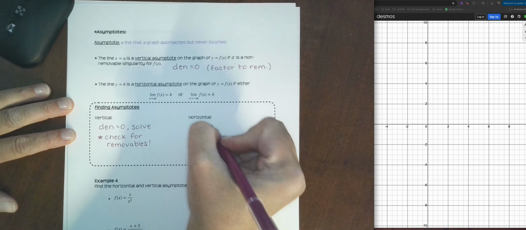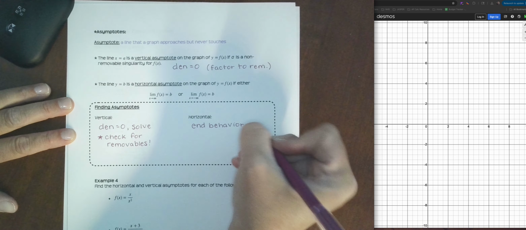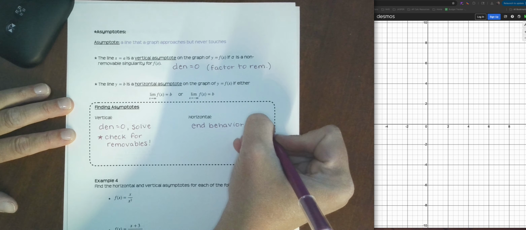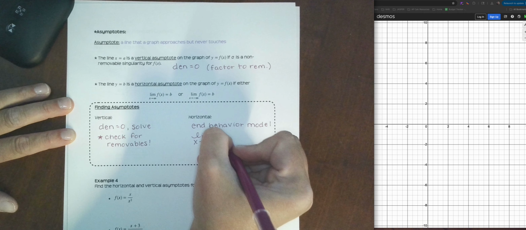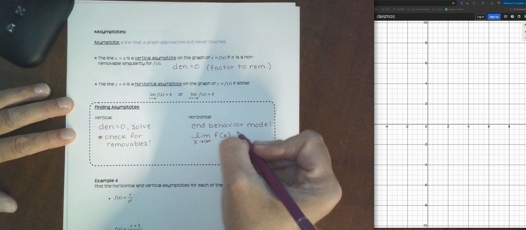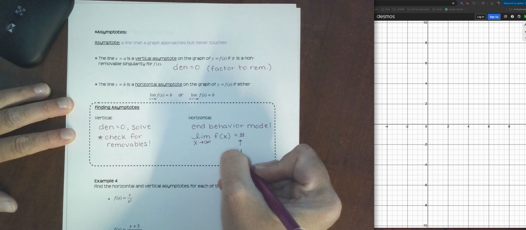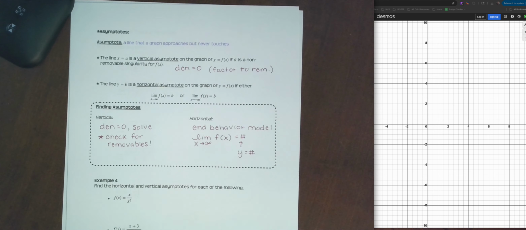And that's what we were talking about at the end of the last lesson. That's essentially our way to find the limit as x goes to infinity of f of x. And if there is a limit, if this is a number, then my asymptote is at y equals that number. Now, if it's not a number, if it's infinity or if it doesn't exist, then you don't have any horizontal asymptotes. Okay?